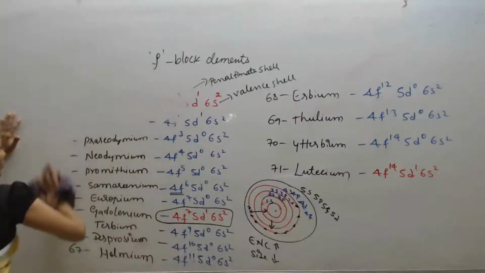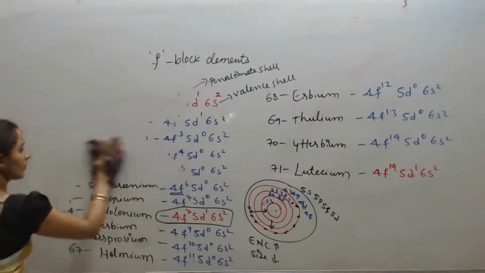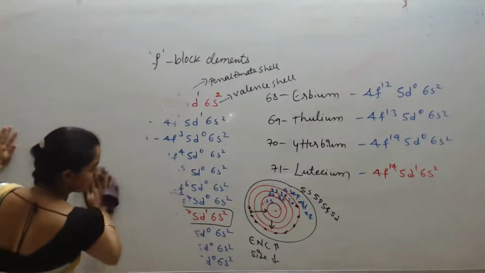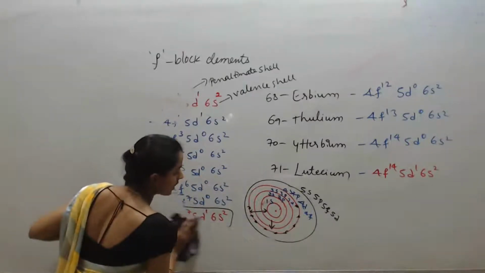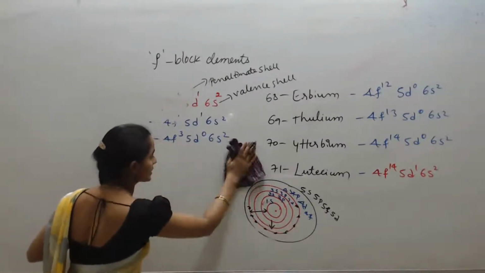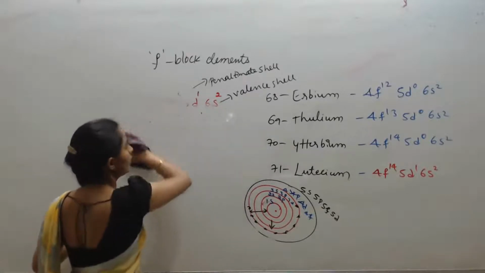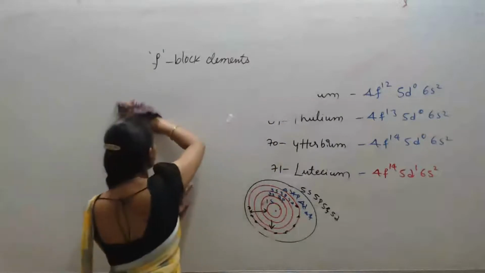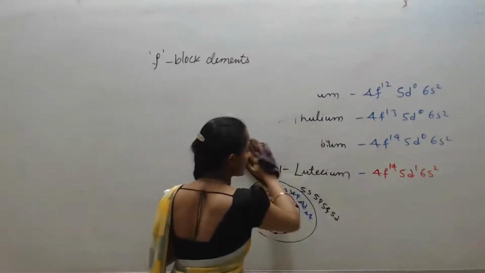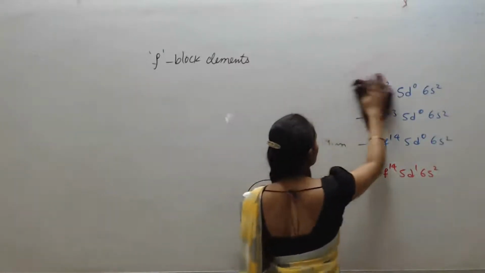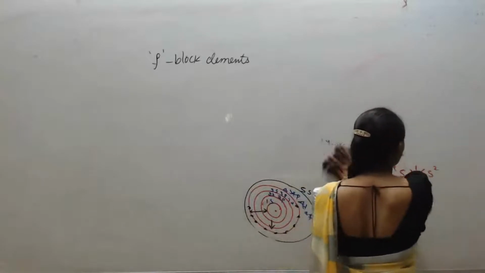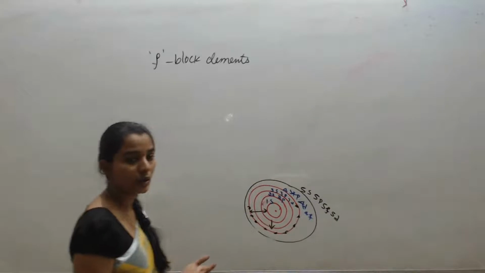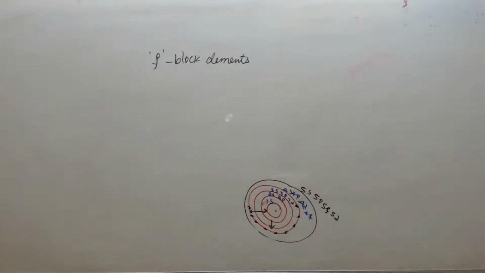atomic and ionic size. So students, as we know, the atomic and ionic size of the lanthanides and actinides follow the same trend, decreasing along the period. Because the number of valence electrons keeps adding to the subshell, they enter into what?